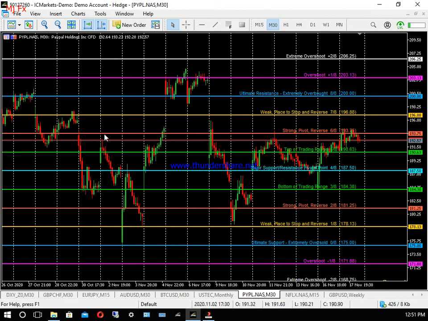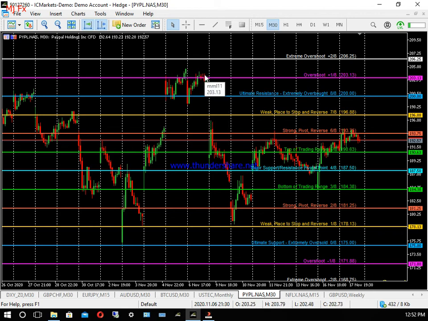This is the first attempt to hold above strong pivots; it failed, came back, failed to break it, then came down, and then it went up again. So you saw it coming all the way to overshoot. So from overshoot you can take a sell, because it's very likely that it will reverse.